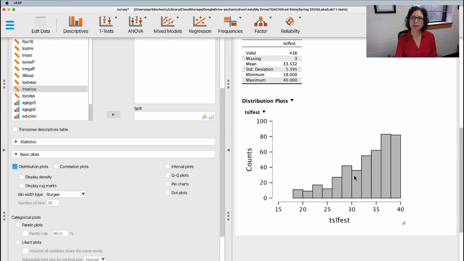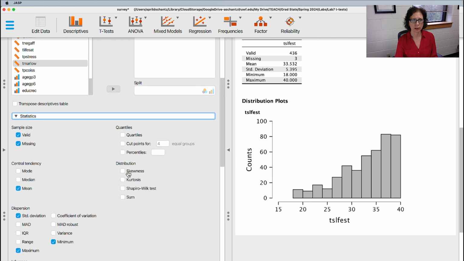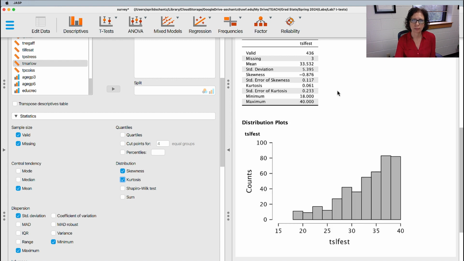So let's go check out some of our other numbers. In our statistics side panel here, we can ask for skewness and kurtosis and let the system fill that in. So yeah, a negative 0.8 skewness, that makes sense. Look how powerful that negative skew is.